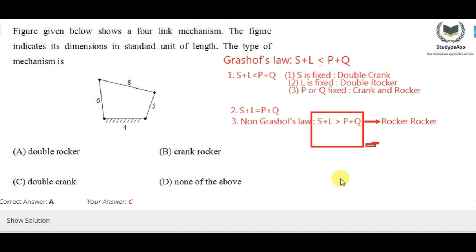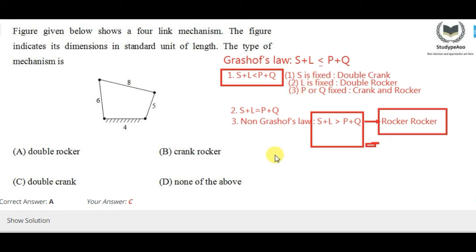If the sum is greater than the sum of the other two links, then this is called non-Grashof's law. Grashof's law is not valid for this condition, so you will always get a rocker mechanism there. Otherwise you have to check these 3 conditions: whether the smallest link is fixed, or the largest link is fixed, or the remaining others.